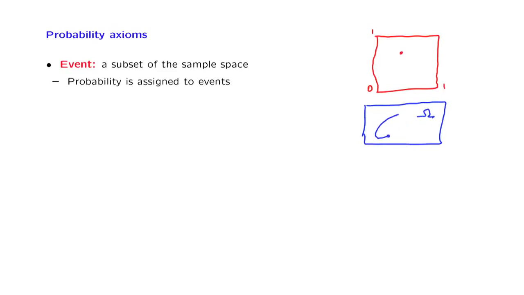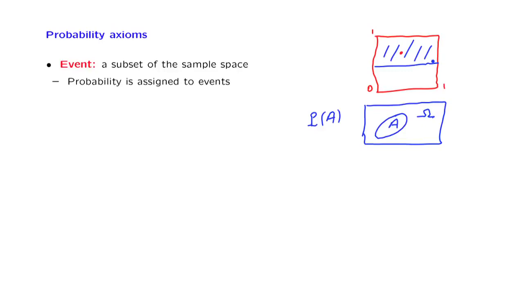Here's a subset of the sample space, call it capital A. We're going to assign a probability to that subset A, which we're going to denote with this notation, which we read as the probability of set A. So probabilities will be assigned to subsets, and this will not cause us difficulties in the continuous case, because even though individual points would have zero probability, if you ask me what are the odds that my dart falls in the upper half, let's say, of this diagram, then that should be a reasonable positive number.